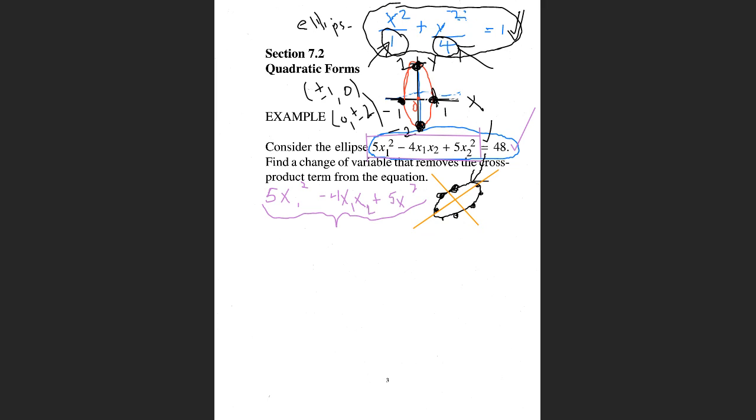Can that be written as a vector x transpose times a matrix A times a vector x? Can I write the left-hand side of my ellipse equation as a quadratic form?